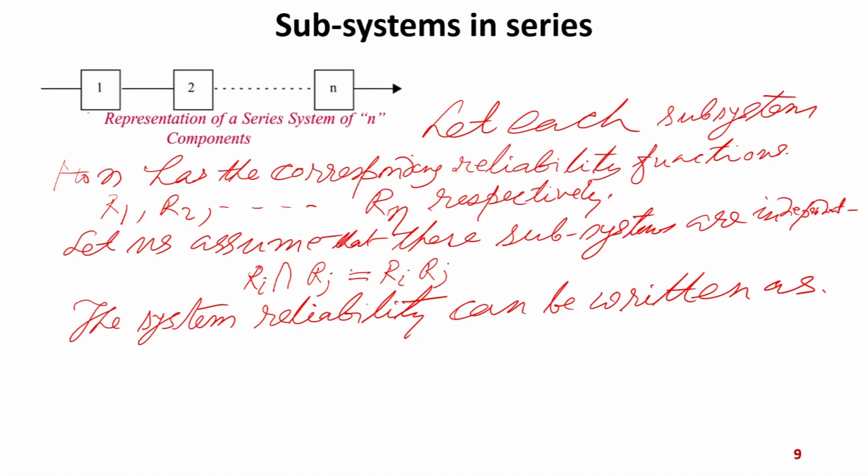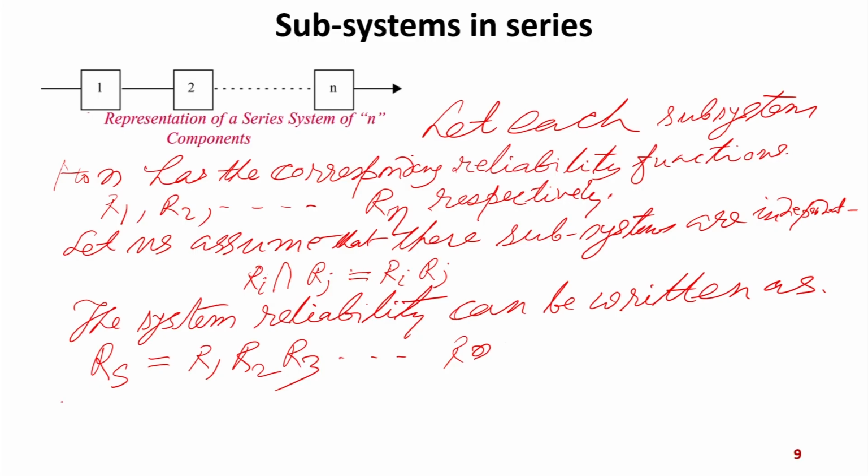Under that condition, the system reliability will be the multiplication of the probabilities. We can multiply because this is an AND operation, meaning all the elements should work. These are independent, so directly I can multiply. The system reliability R s will be the multiplication of R 1, R 2, R 3 up to R n.